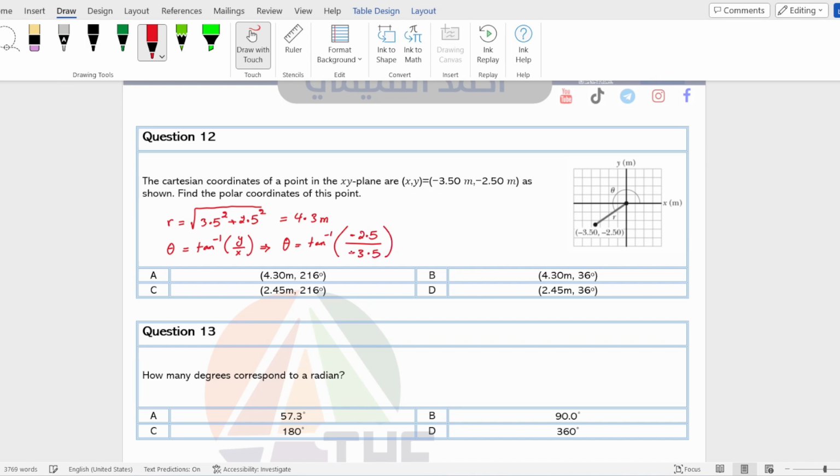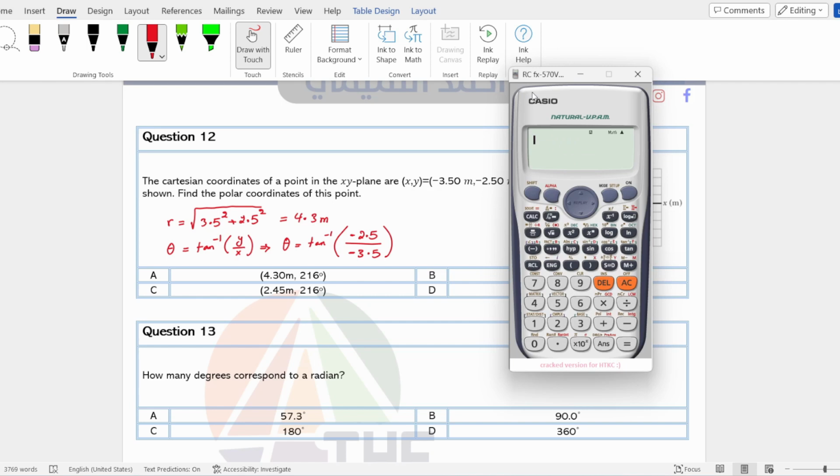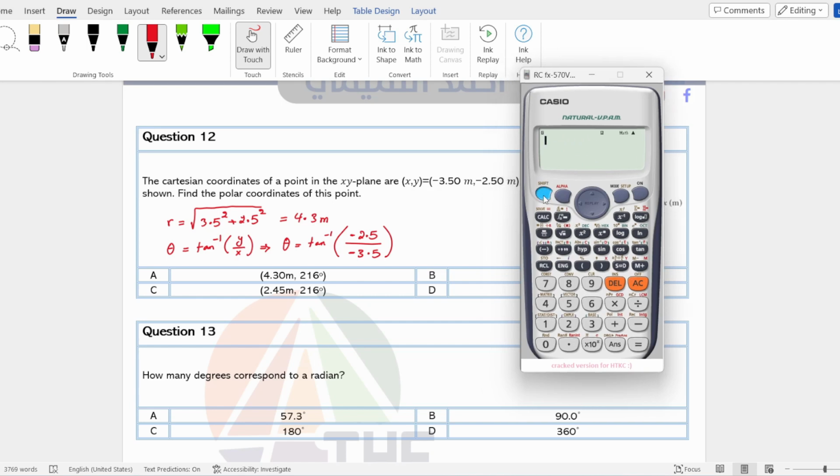Now if we use the calculator, let's see what we get. First, the first thing we do is go back to degrees. Then we say tan inverse of. I'll substitute the sign, although even if we don't substitute the sign, the answer comes out right, because a negative goes with a negative. But anyway, always substitute. So we say -2.5 over -3.5.